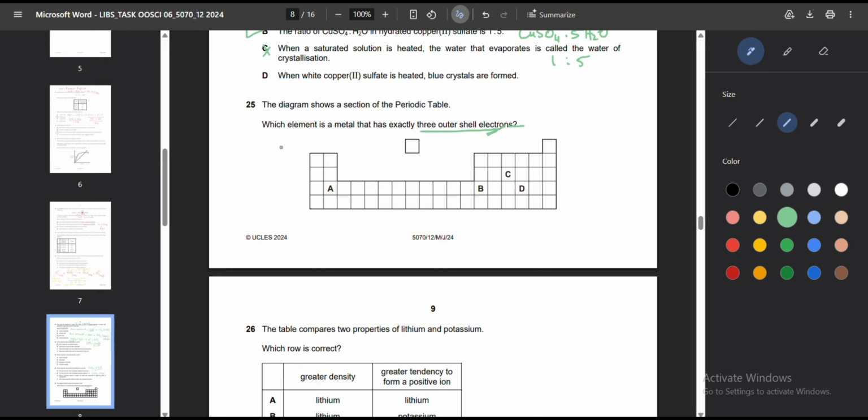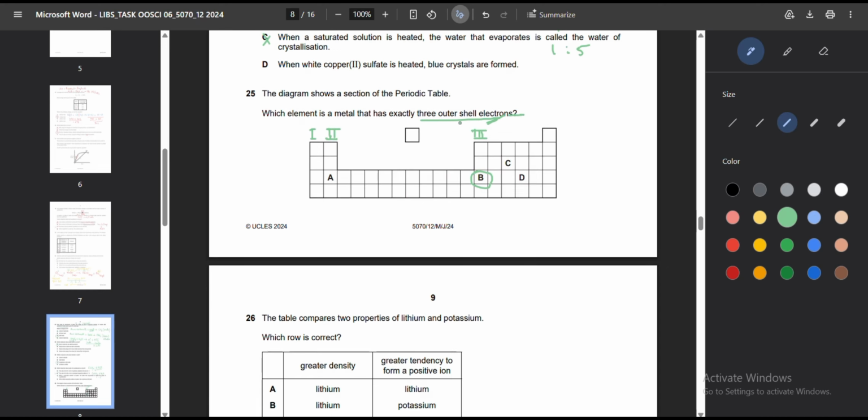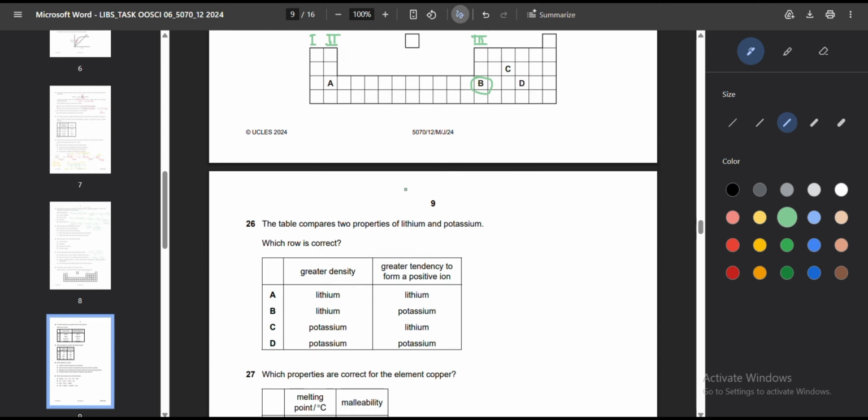Okay, so over here it's group number 1, so they will all have 1 electron in their outermost shell. Group 2 will have 2 electrons in their outermost shell. Group 3 will have 3 electrons in their outermost shell. So which is the correct option? It's option B, because they will have 3 outer shell electrons.